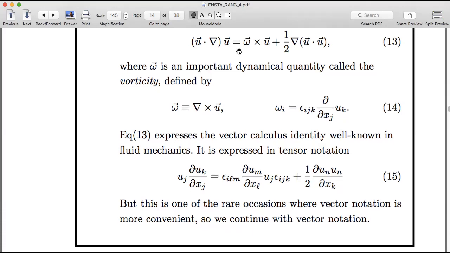That's all we need to know, that vorticity is this important quantity. And this second term is, I think, easy to interpret intuitively. It's the gradient of the kinetic energy density, right?